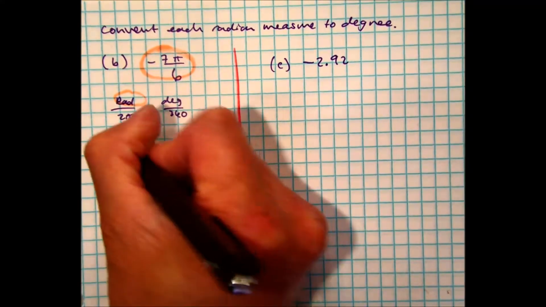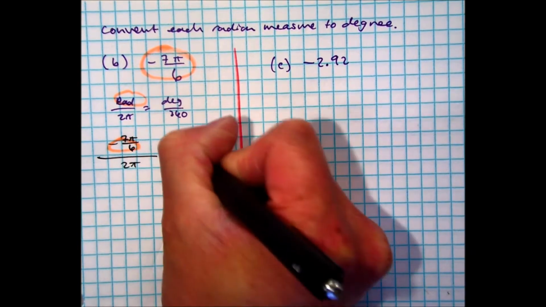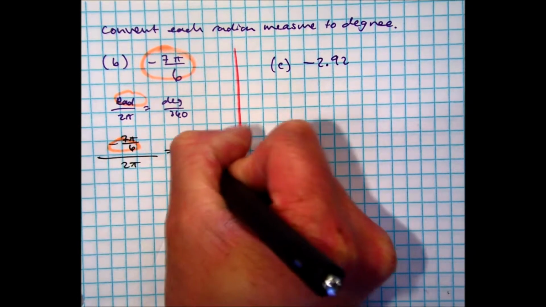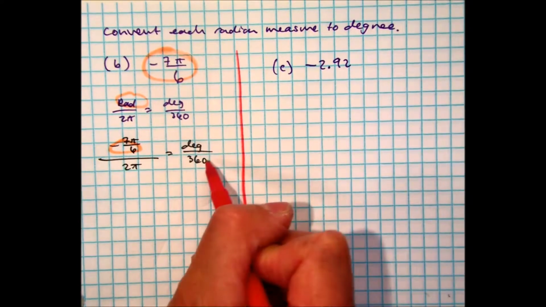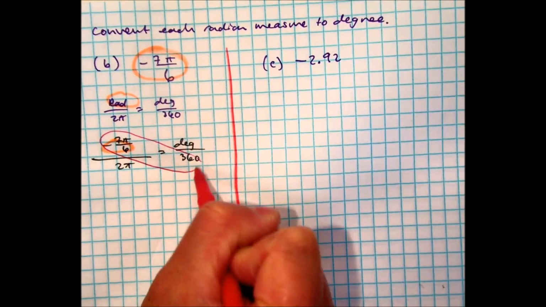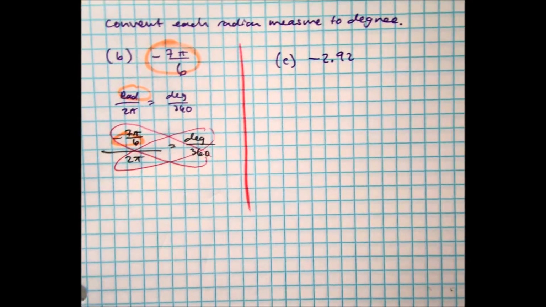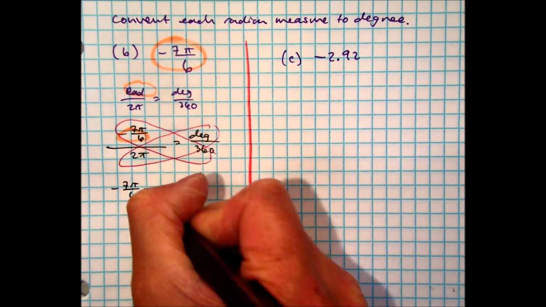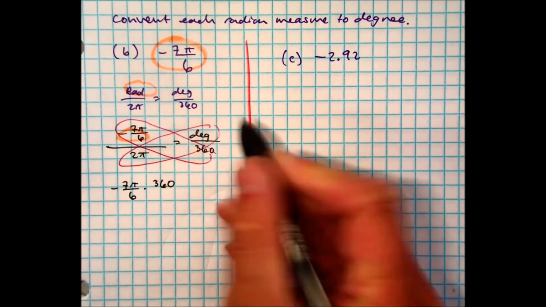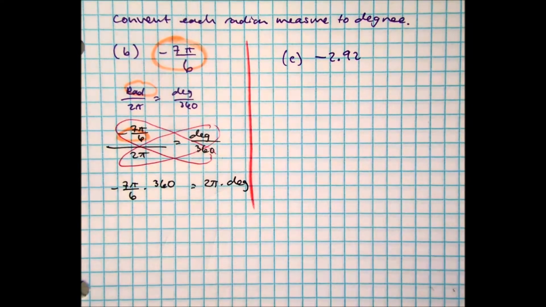So I have negative 7 pi over 6 all over 2 pi equals degrees over 360. I'm going to cross multiply 360 times negative 7 pi over 6 and 2 pi times degrees. That gives me negative 7 pi over 6 times 360 equals 2 pi times degrees.